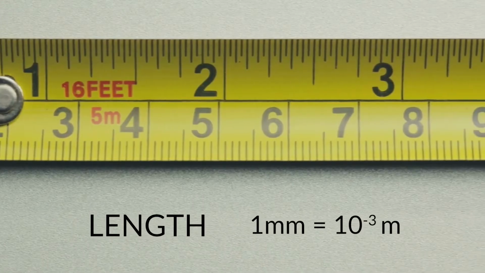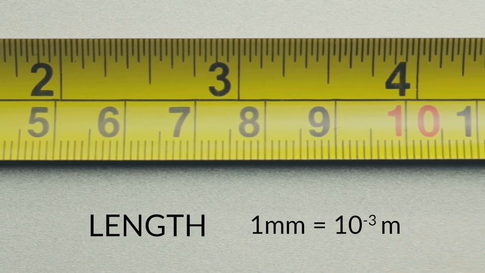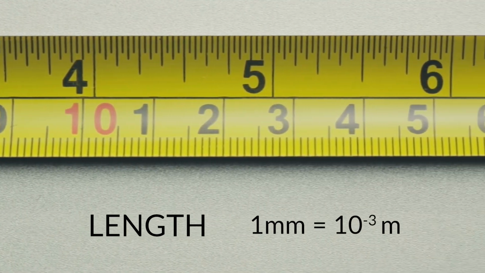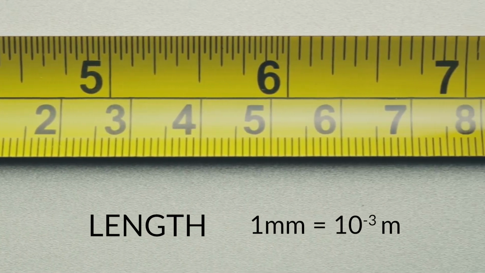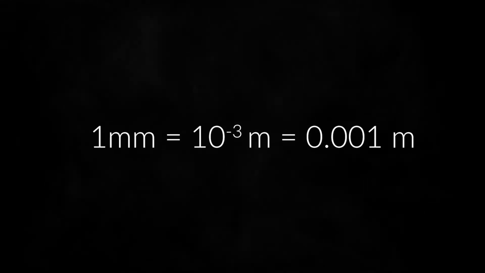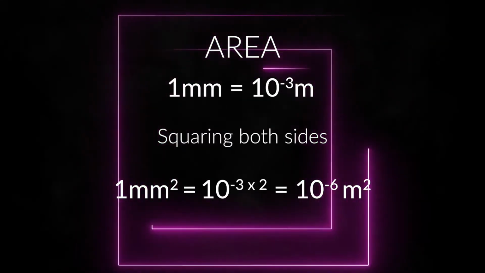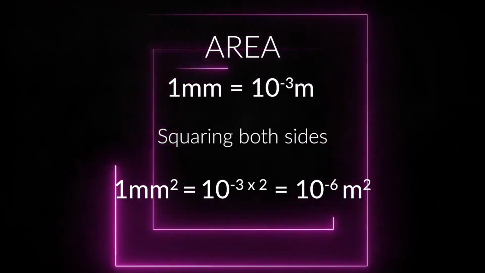In terms of converting units, we also have to convert areas and volumes. So for example, if I have 1 millimeter, when I convert that into meters, then I get 10 to the minus 3 meters. So that's 0.001 meters. But if I have 1 millimeter square, then in order to convert that into meters square, I have 10 to the minus 3 to convert the millimeters.